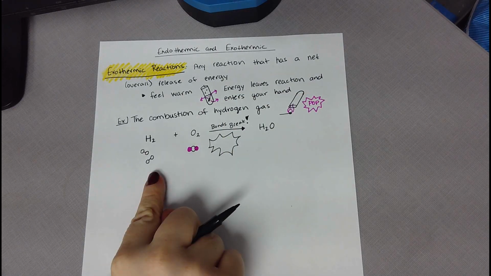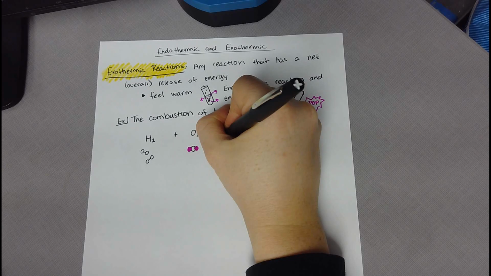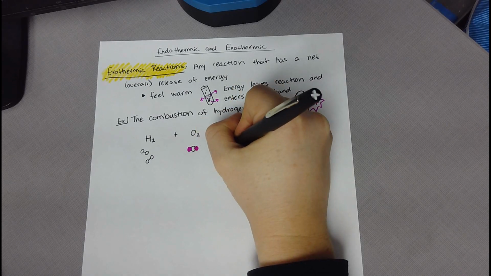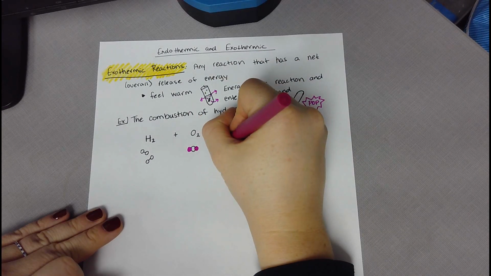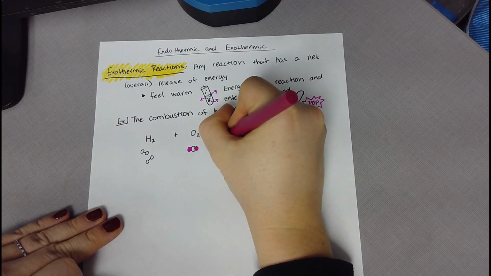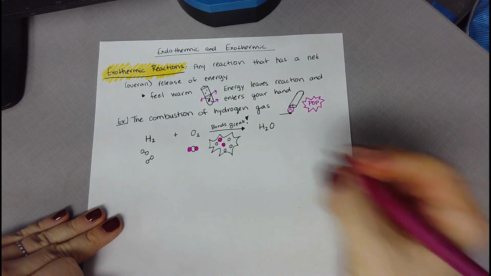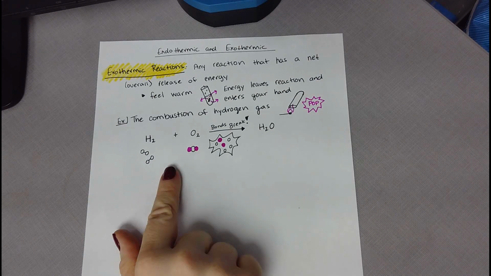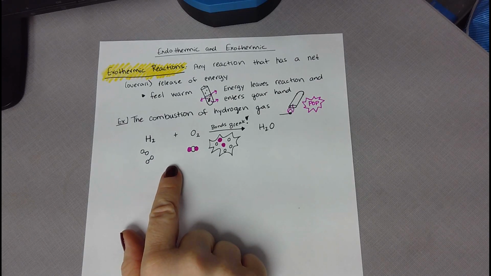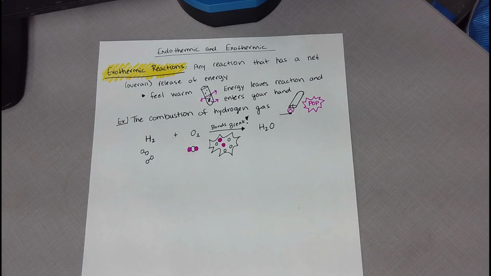The 4 hydrogen atoms that I started with are loose and running around. The 2 oxygen atoms that I started with are also loose and running around. This is not a stable configuration. That's why it took some energy to get there. Let's say we didn't have to add much energy.